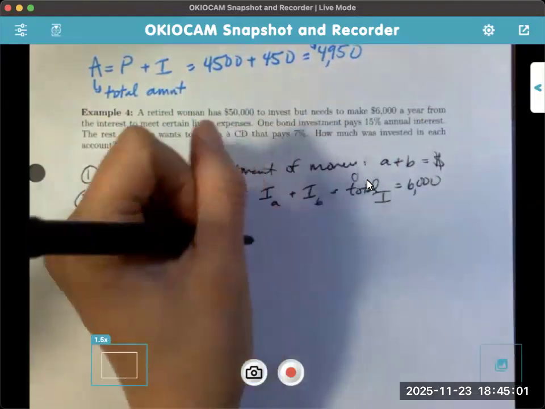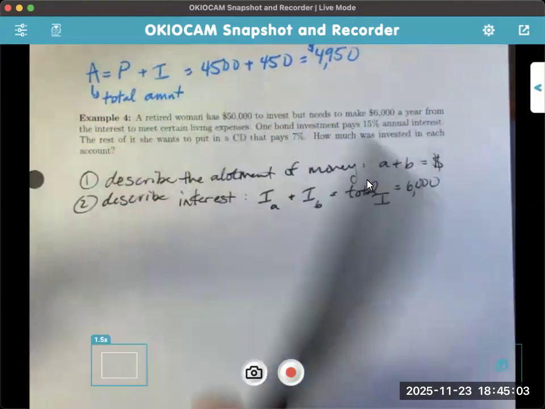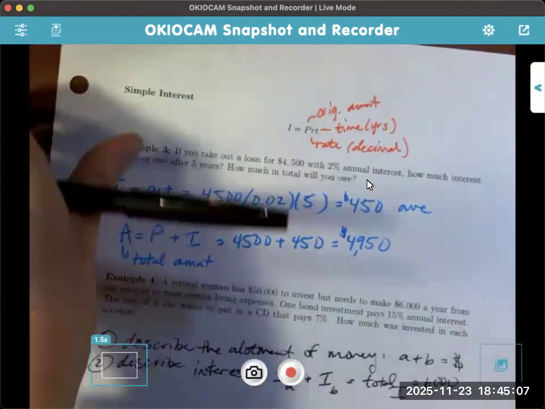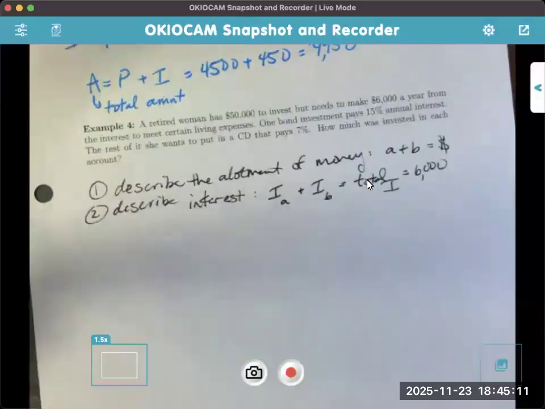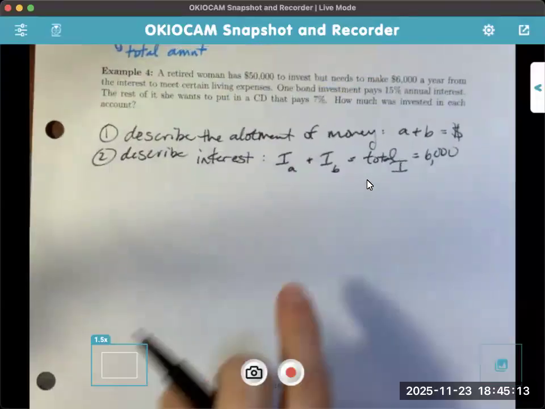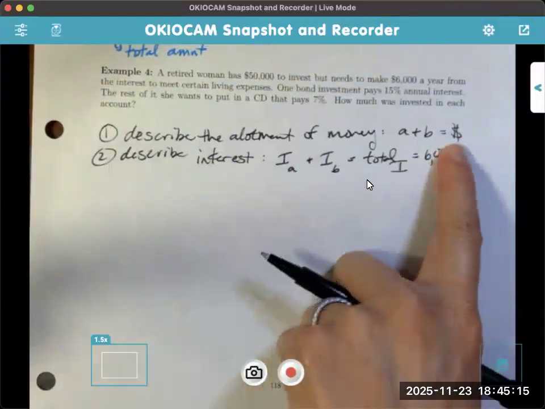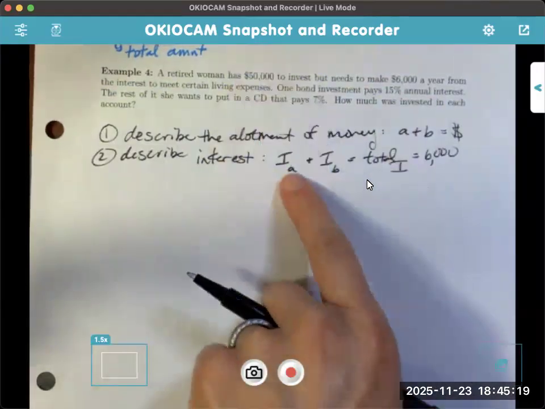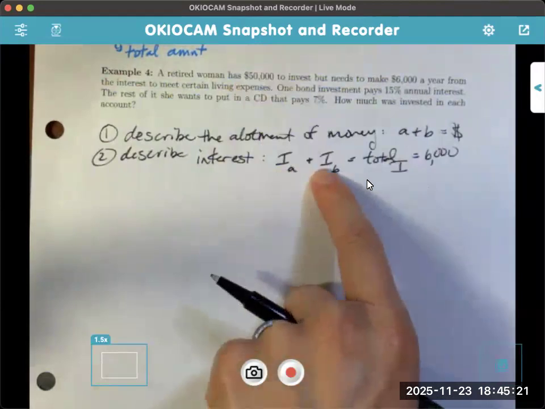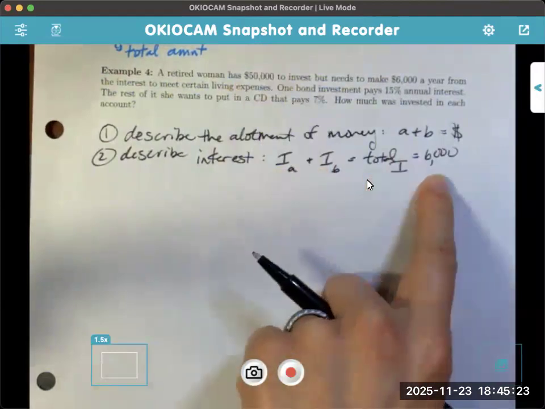And by interest, again, from up here, your I equaling PRT. That's how these go down every single time. So basically you'll have an A plus B equals the total amount, so in this case, 50,000.